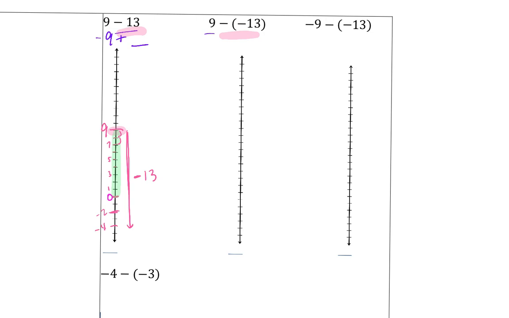So we're going to get the same result if we added negative 13. And that's going to give us the same result of negative 4.